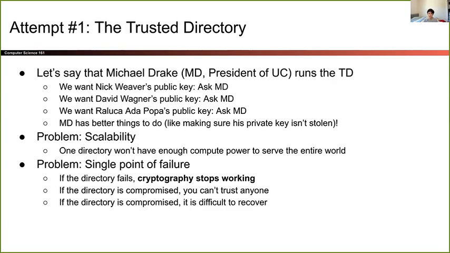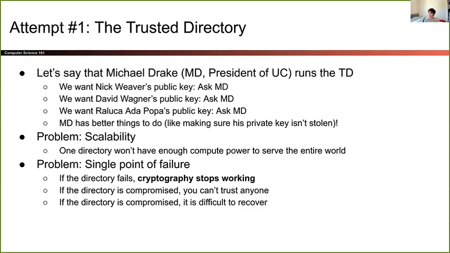And you also run into the issue that if the directory is compromised, it's really difficult to recover, because now the entirety of cryptography has just stopped working. How are you going to get an update to my phone that says, oh, the new key that you should trust is this? Because suddenly we've stopped trusting the one thing that we could trust. And now we have no trust anchor and we can't trust anything anymore.